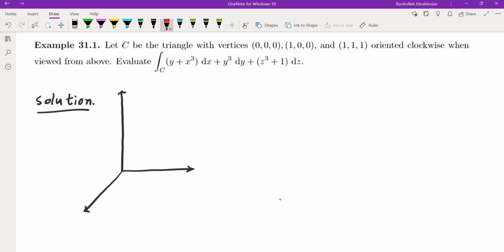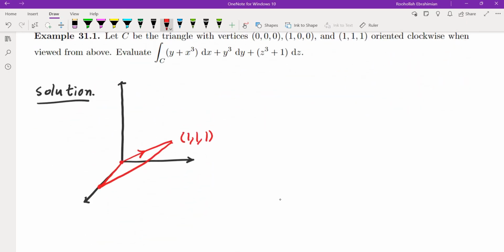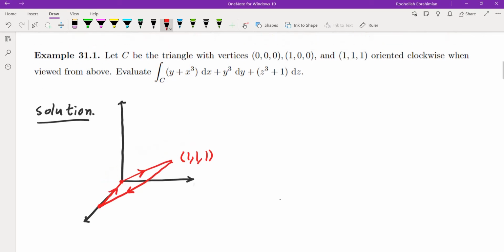So let's draw that: the origin, (1,0,0), and some point in the first octant, (1,1,1). So this is our triangle, and it says oriented clockwise when viewed from above. When you look at that from above, the orientation is clockwise. So this is the orientation. And the question is asking us to evaluate this line integral.